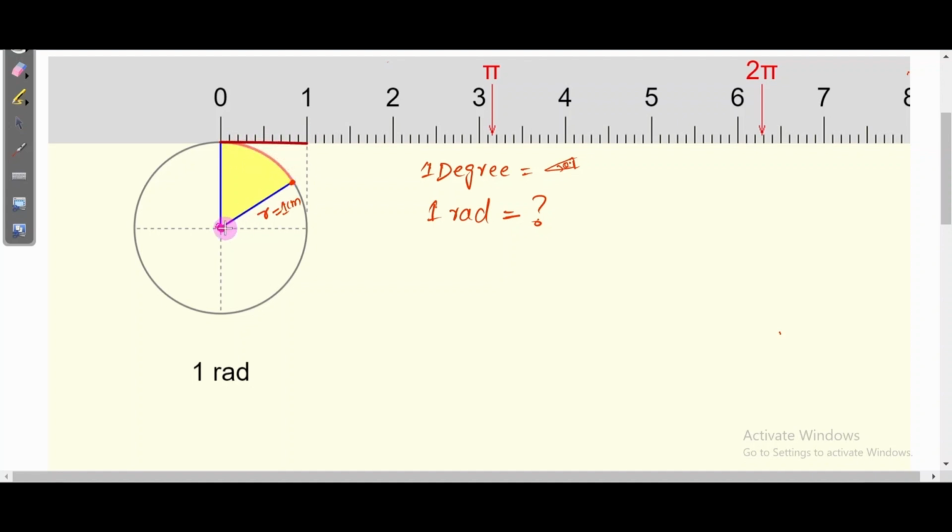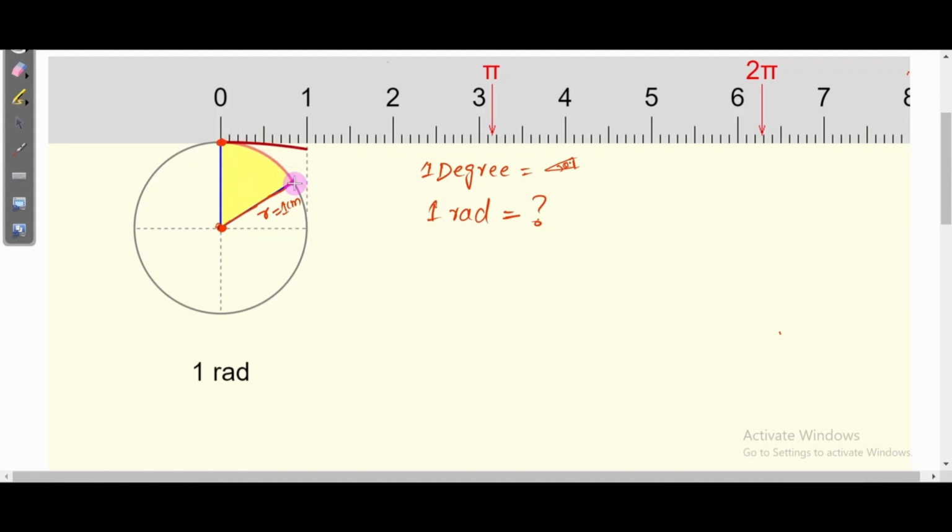So in this case, with this original radius, if we take that same magnitude of the part of the circle, we will reach here.